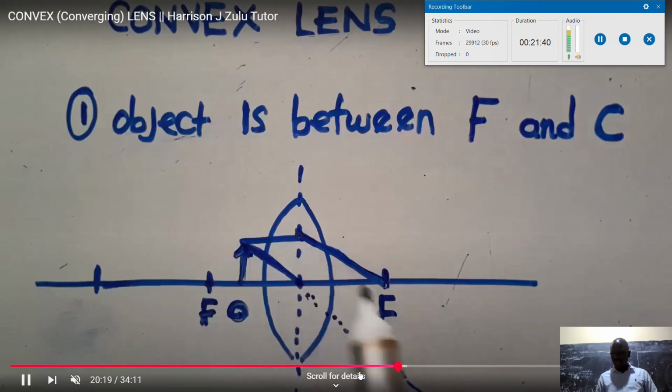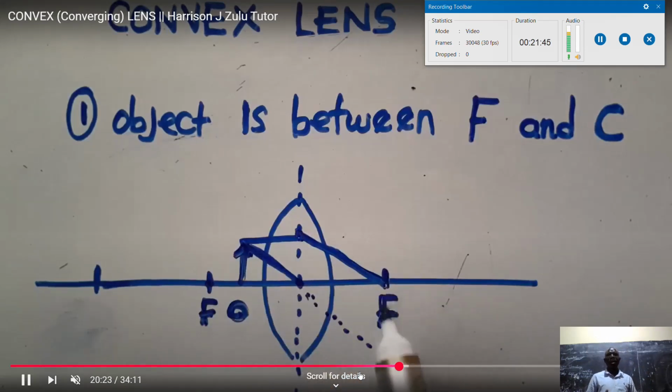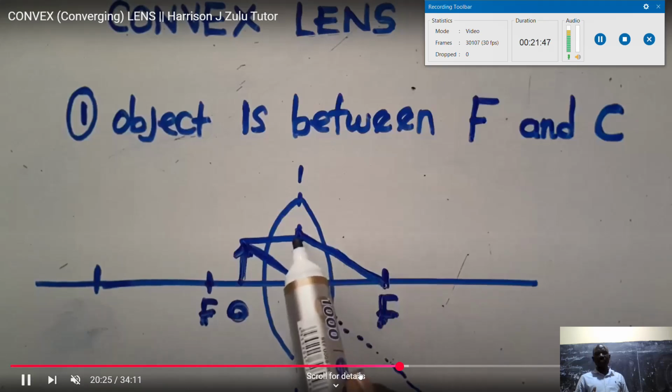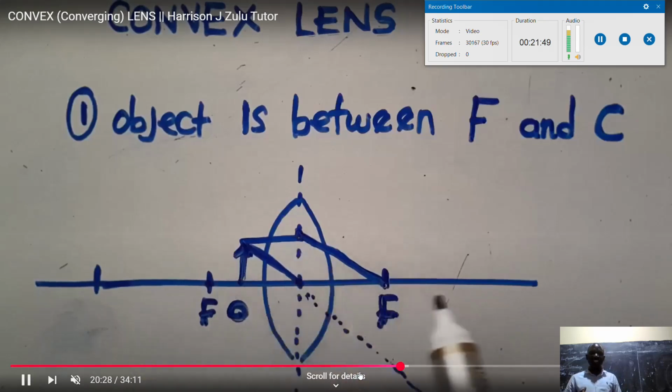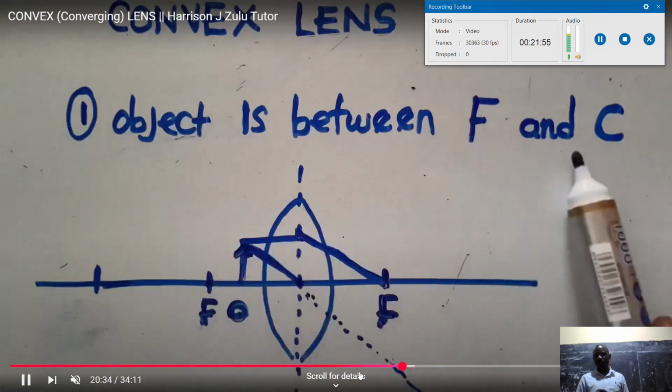Now, when you look at where these images are, you realize that these images are formed by the imaginary, or by the assumption of the rays which were passing through, or which were coming from a certain point.